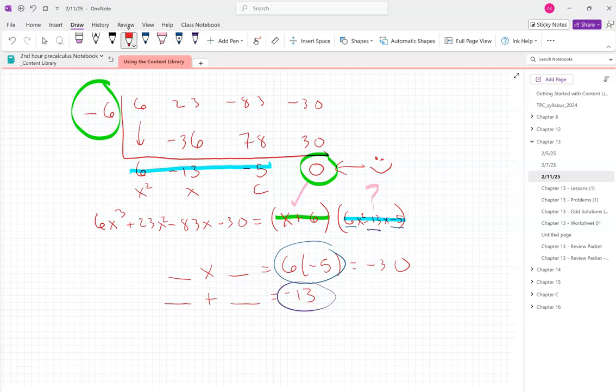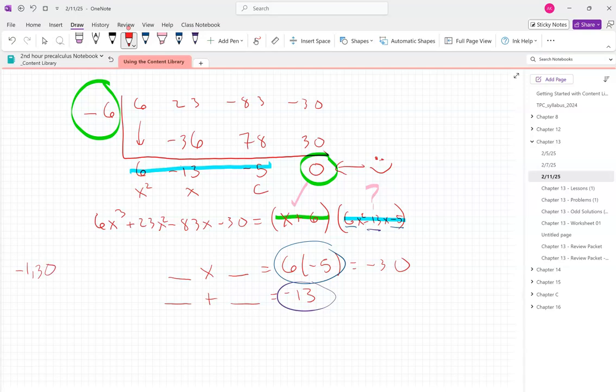What are those two numbers that multiply to give me negative 30, and then add to give me negative 13? Who sees the two numbers? Always do the multiplication part first. What are the things that multiply to give us negative 30?